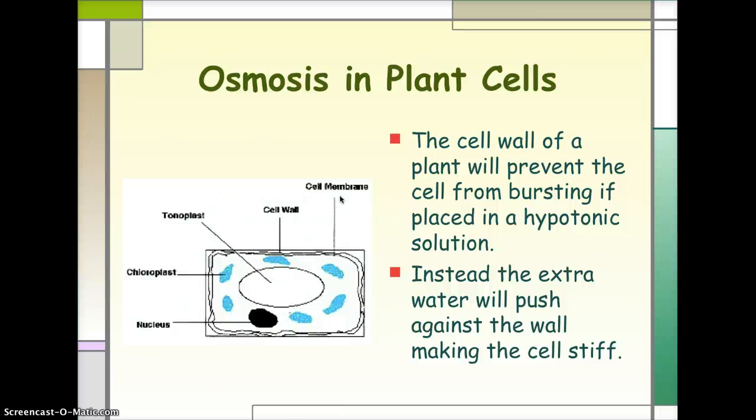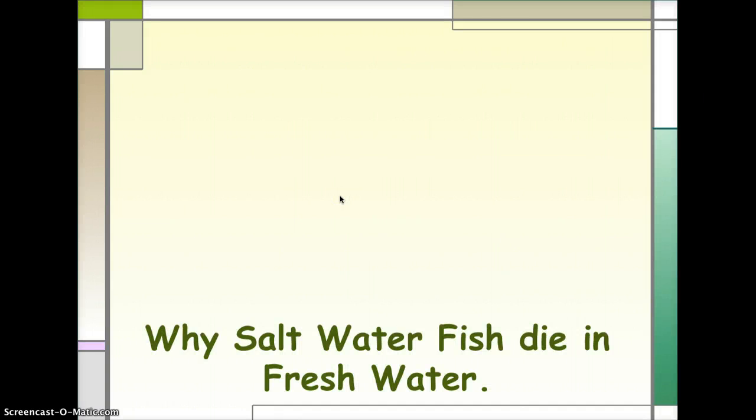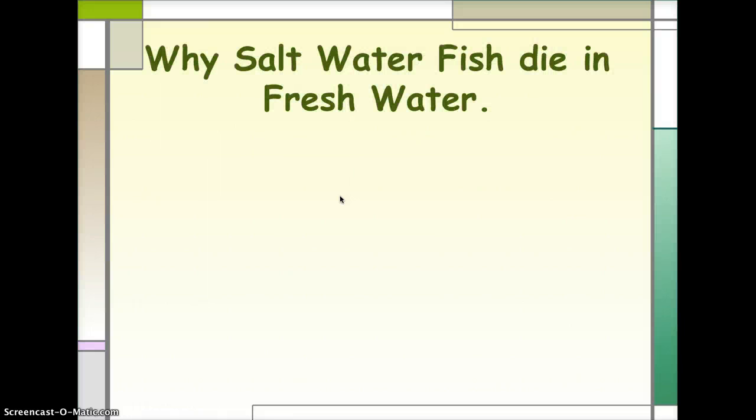So if we look at osmosis in plant cells, the cell wall prevents the cell from bursting if it's in a hypotonic solution. So instead, we get a lot of turgor pressure, and the water pushes against the cell wall, making the cell very stiff or rigid. That brings us to a question: why do saltwater fish die in freshwater?